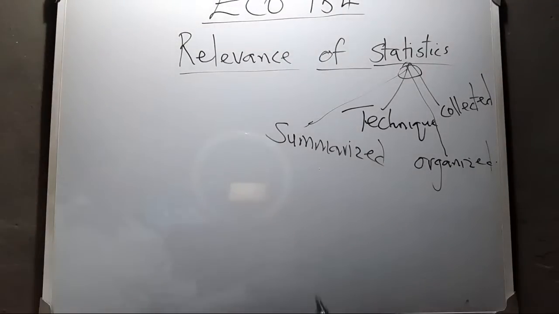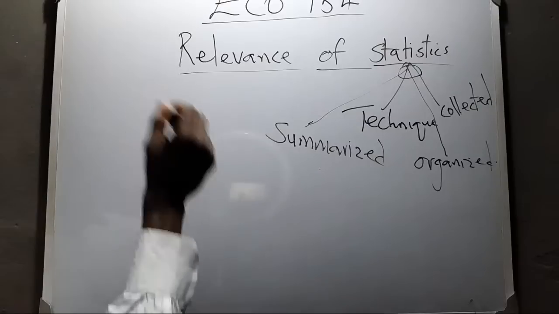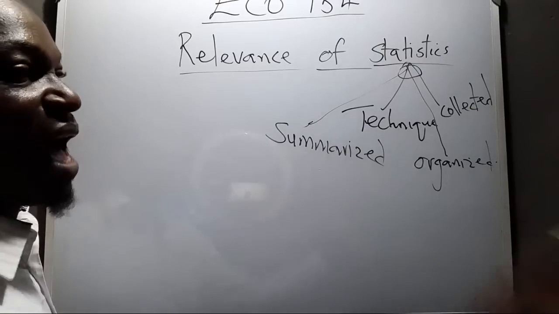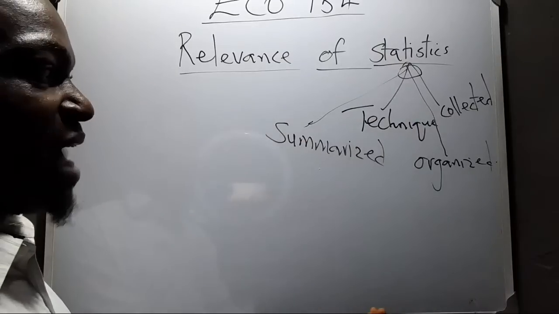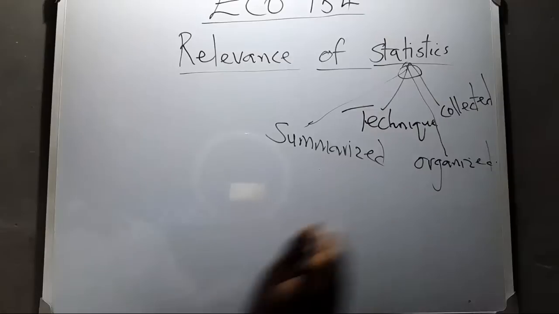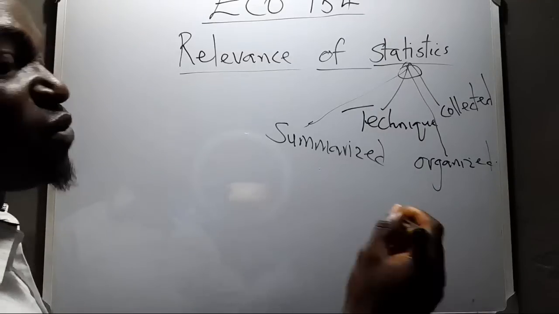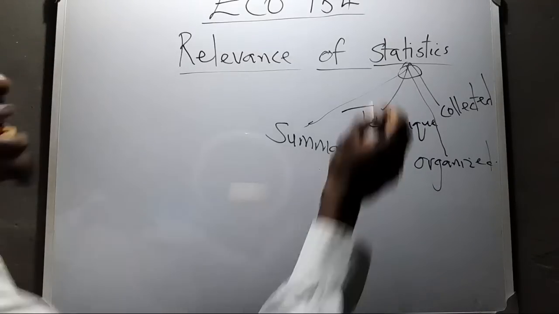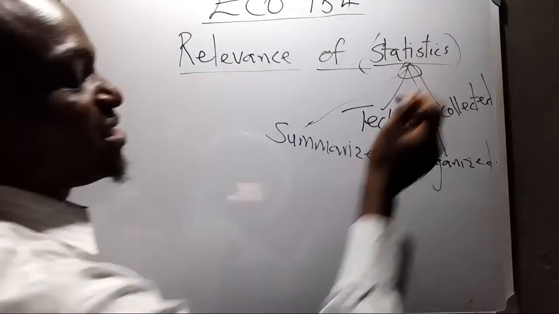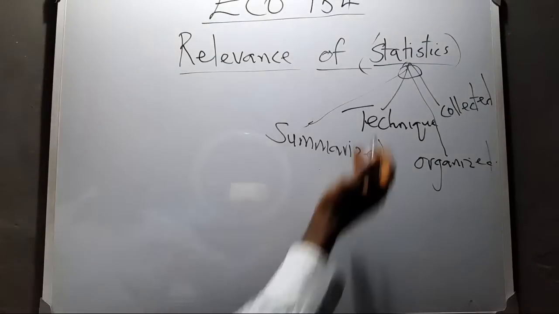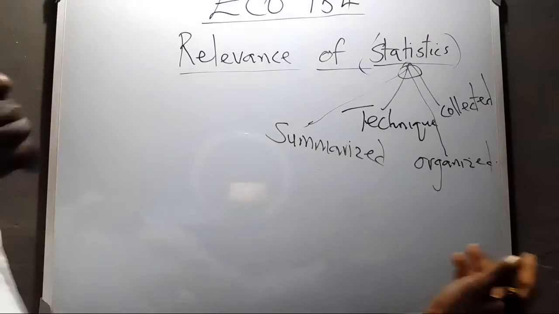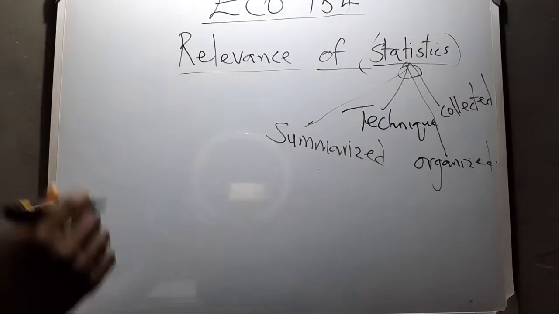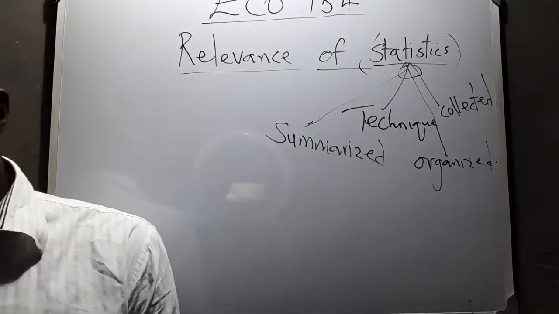He has to know the number of students in each class before he can add them together to get the total number of students in the school. And that is why we need statistics in getting information, because we need statistics to collect this information, to summarize it, and to organize it to make a valid decision.